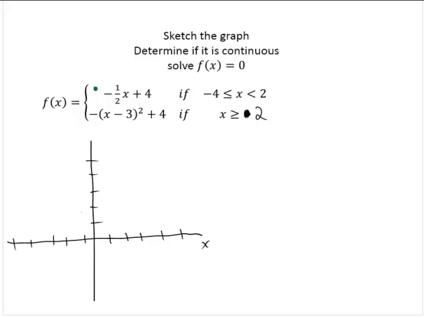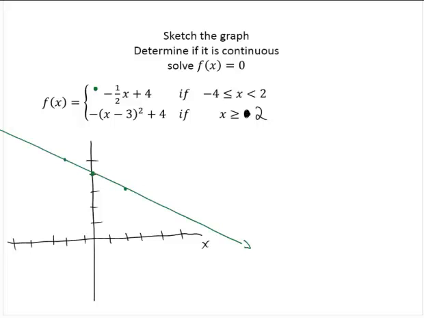So we have the y-intercept of 4, and then the slope is negative 1/2. So we have a line that looks roughly like this.